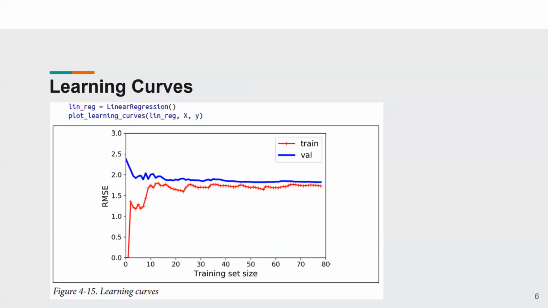Let's look at the learning curves. Let's say you can leverage a linear regression model, and then you just plot learning curves using the input x and y as well as the model itself. And just by doing this, this is our learning curves. What you see here is the blue, which is the validation data set, versus the training data set.